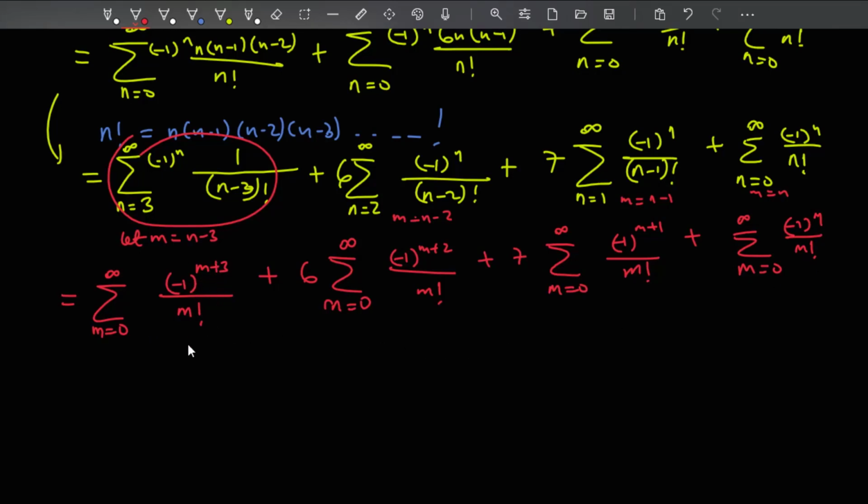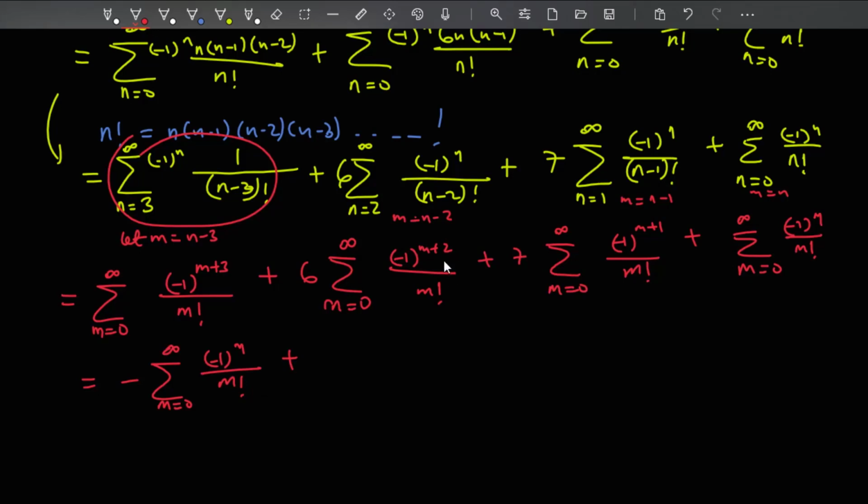So let's see what this is. Negative 1 to the power m times negative 1 to the power 3. As you can see, this is a negative 1, so just take this off quickly here. So this is negative of the sum from m equals 0 to infinity of negative 1 to the power m divided by m!.